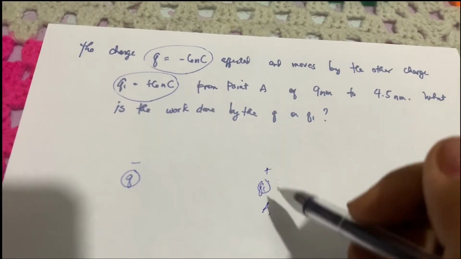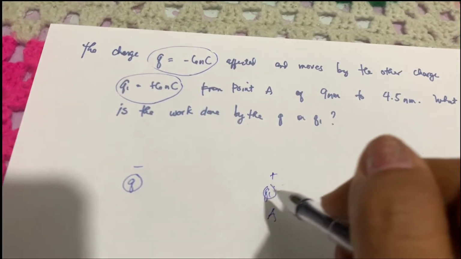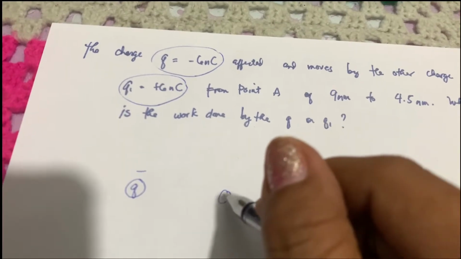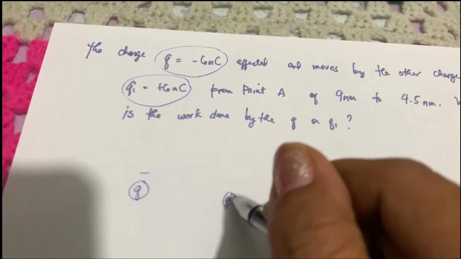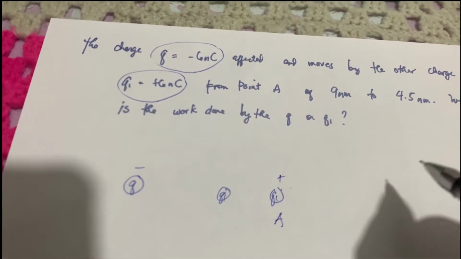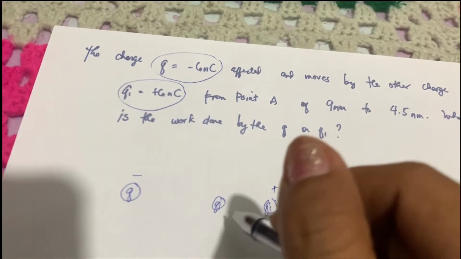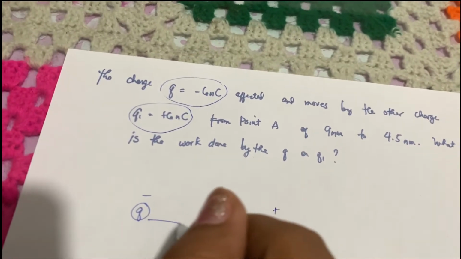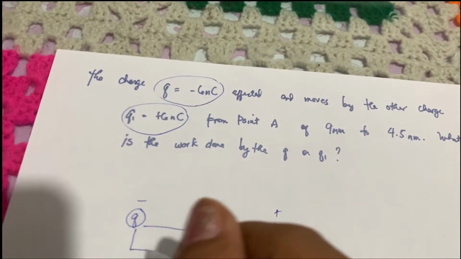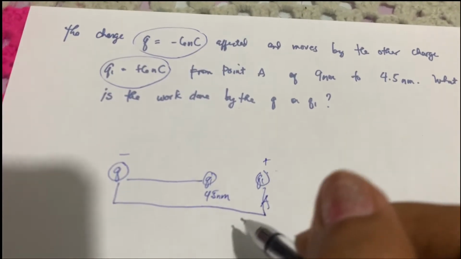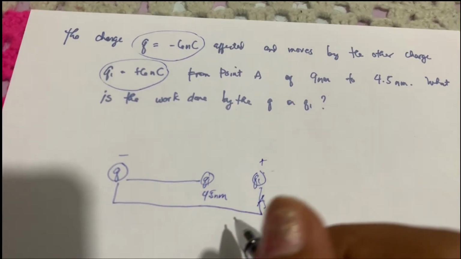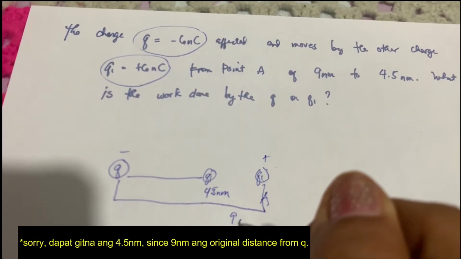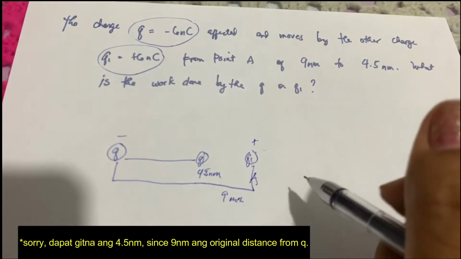So from point A, it moves to here. This is still your Q1, but the distance is already 4.5 nanometer from here. So originally, this was its distance, 9 nanometer.